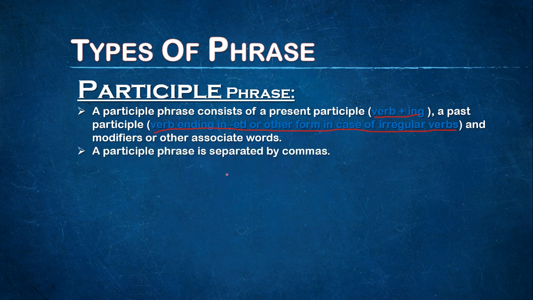A participle phrase is often separated by commas. This is a very nice sign to recognize it. It always functions as an adjective in a sentence.